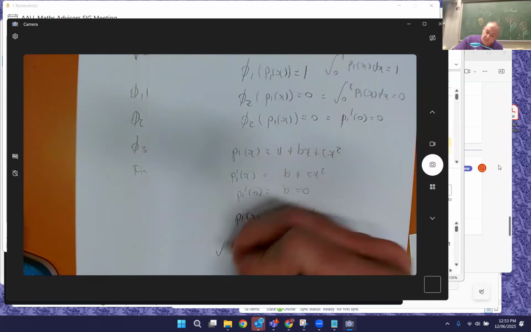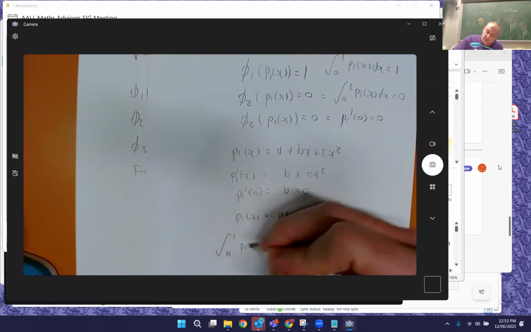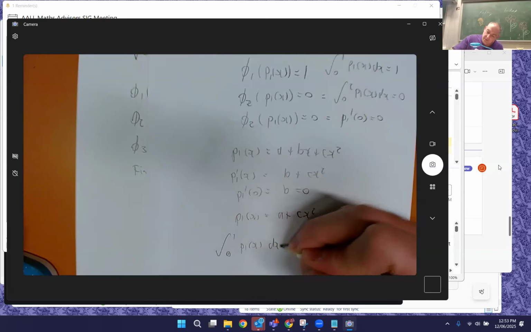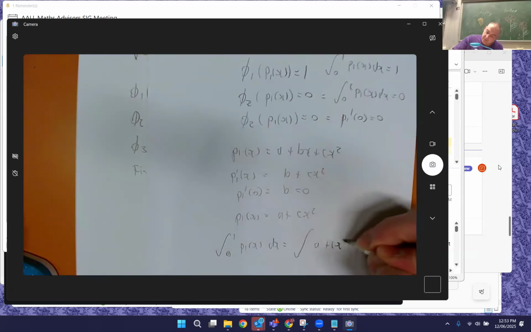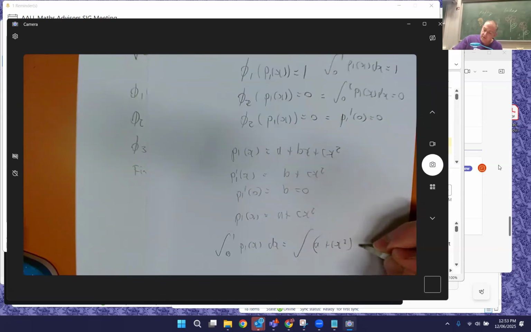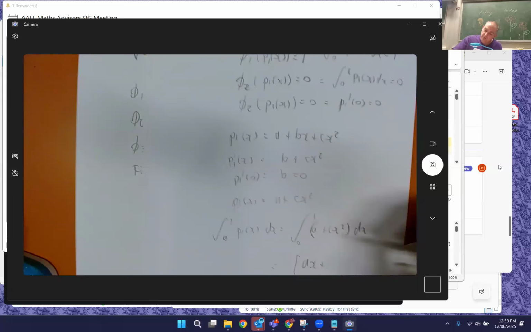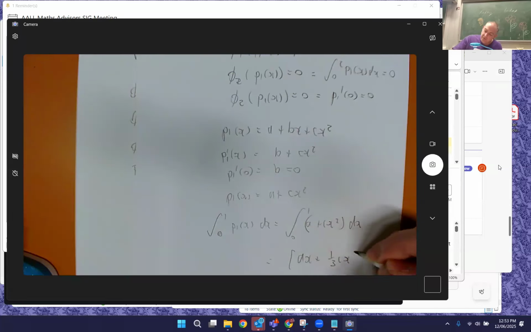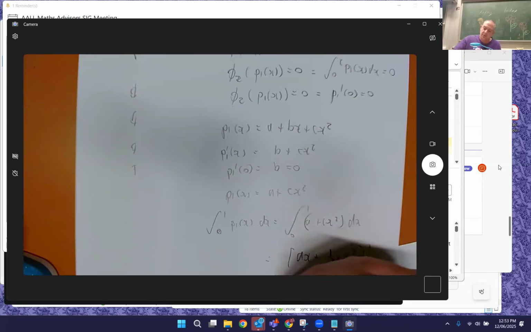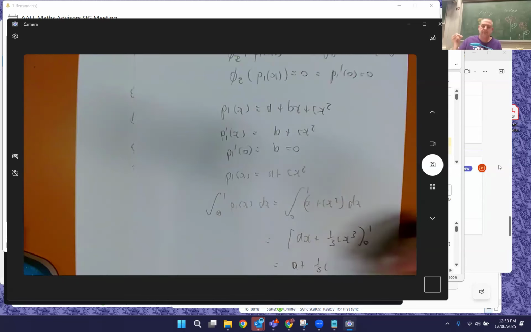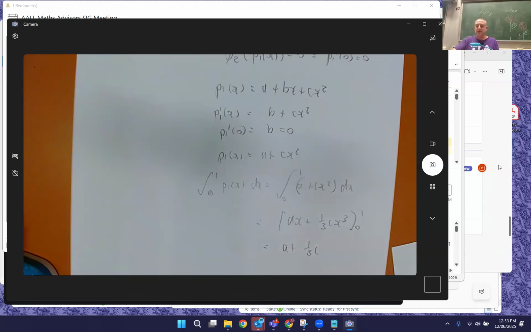And I need the integral from 0 to 1 of P1x, the integral of a plus cx squared dx from 0 to 1, which is ax plus 1/3 of cx cubed from 0 to 1, which is a plus 1/3 of c minus 0, right? And this is supposed to be 1.